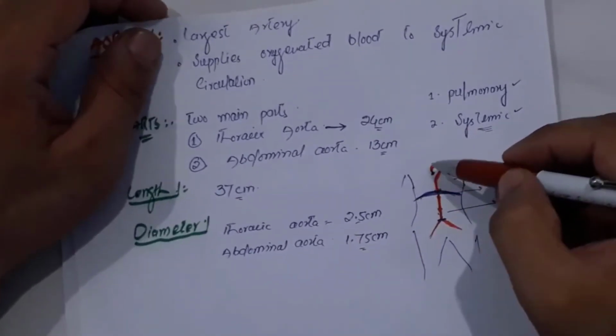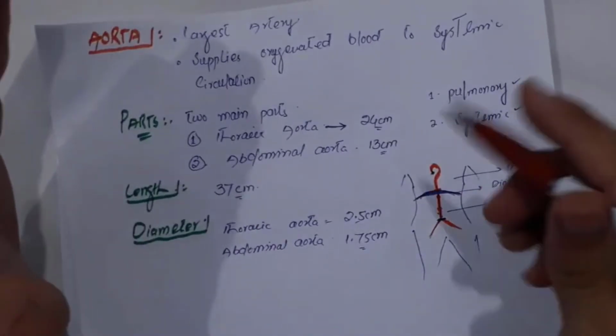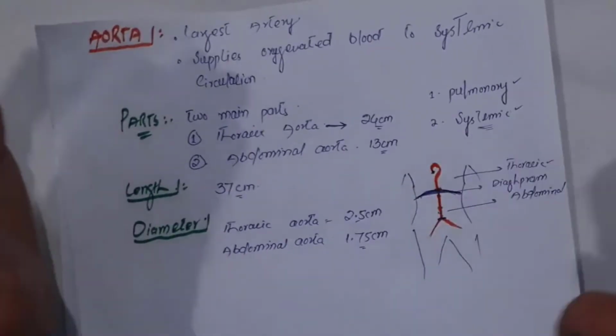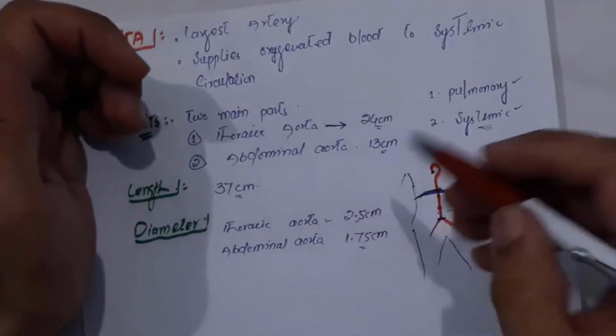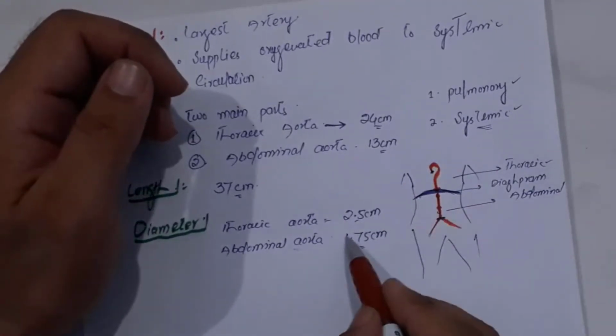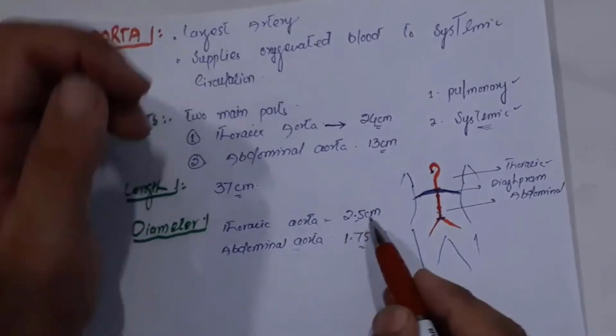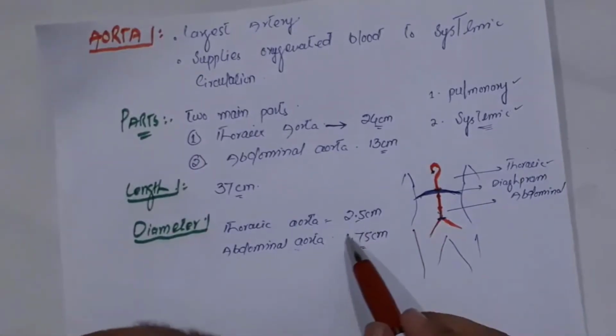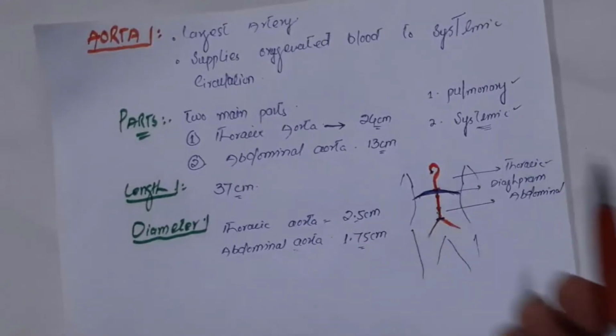At the point of origin the diameter is larger, and as we move forward the diameter becomes narrower.